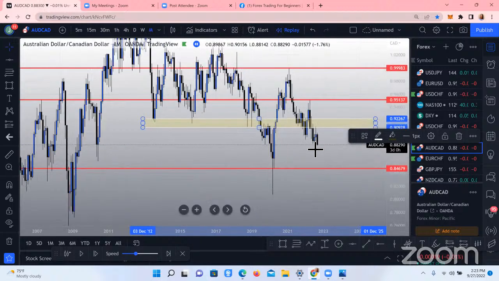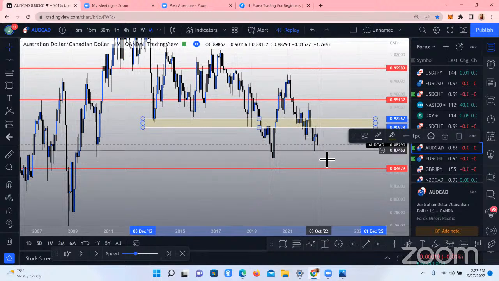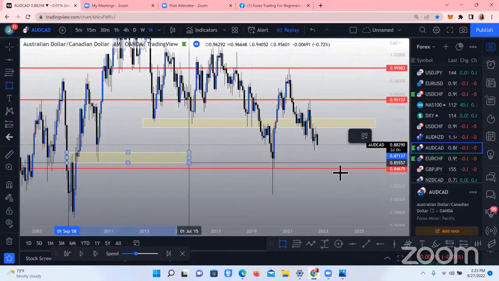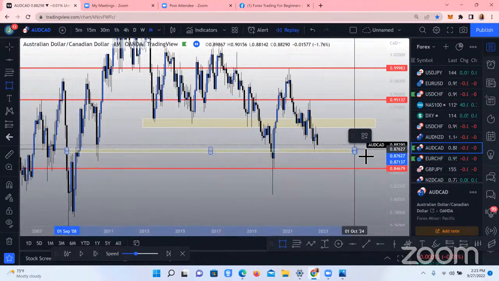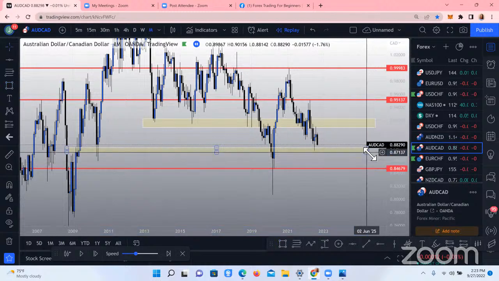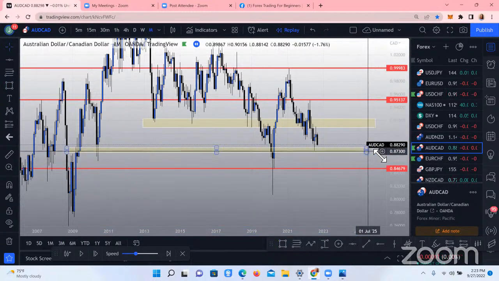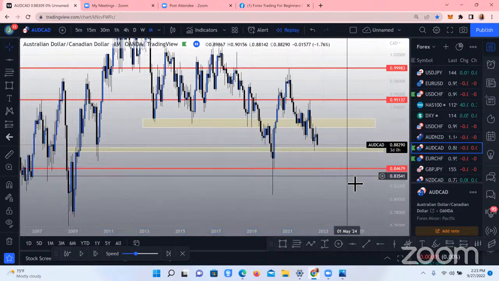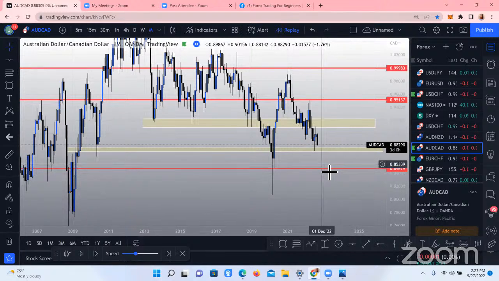Then I see price here, but this is the lowest point where price failed at that wick, and we're going to capitalize on that wick as well. Right there, we are done with the monthly chart.